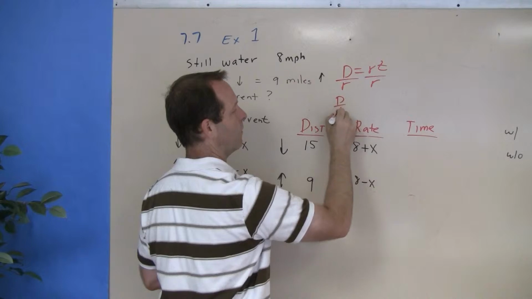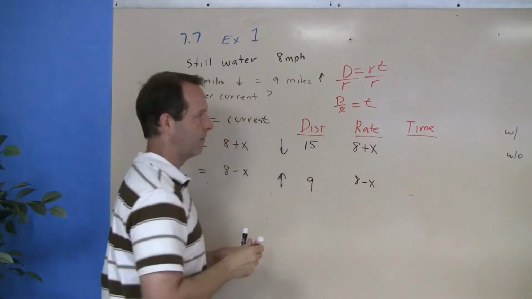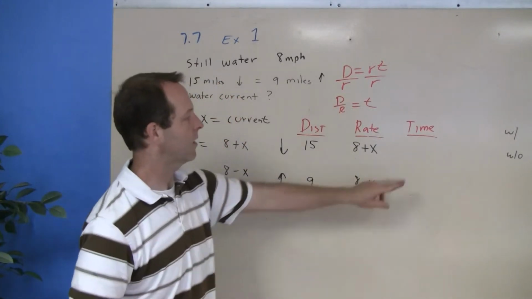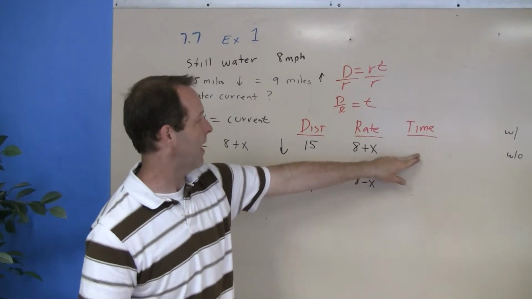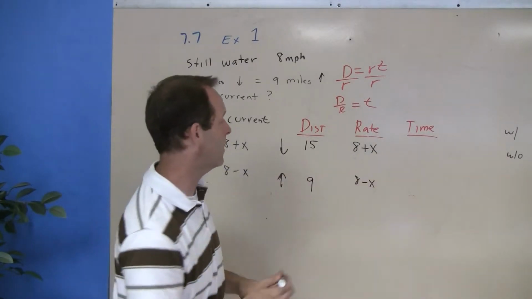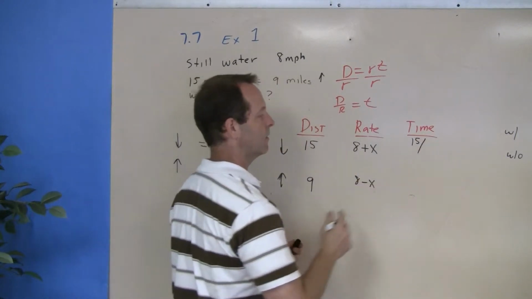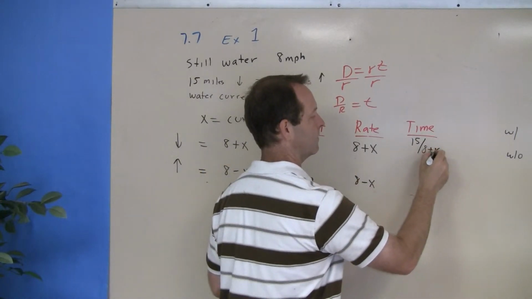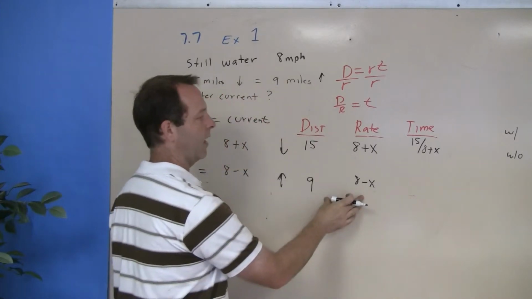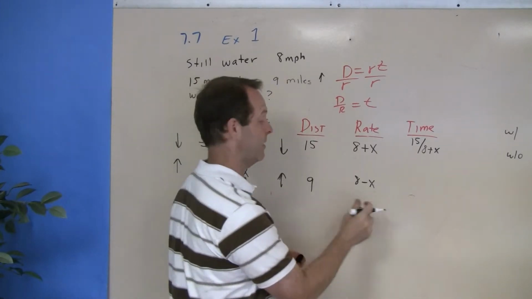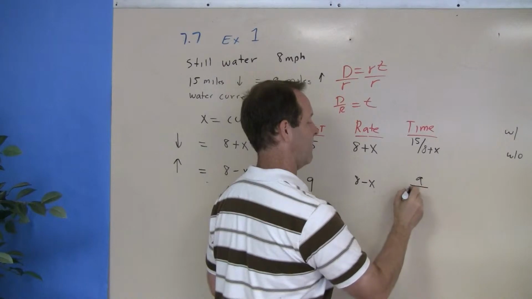So I have distance over r equals time. And so in this column, I can go ahead and describe that. The time of the boat going downstream is its distance, 15 miles, over 8 plus x. And then the time of the boat going upstream is distance divided by rate, 9 over 8 minus x.